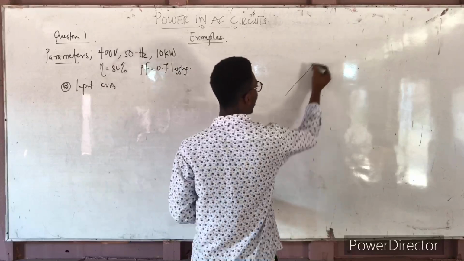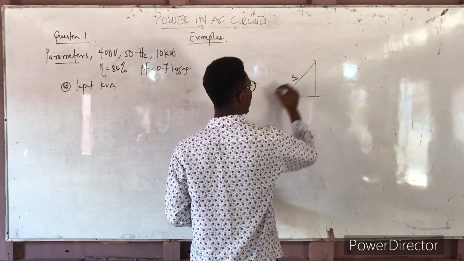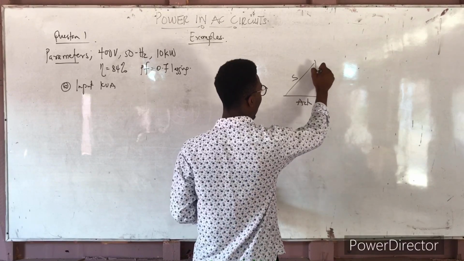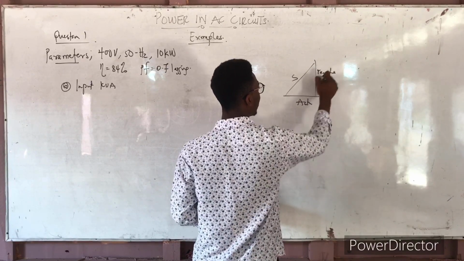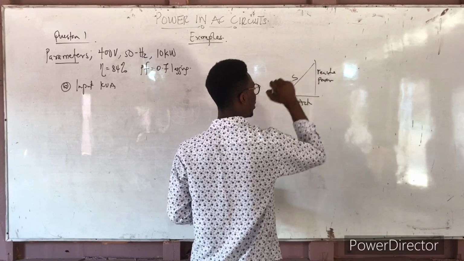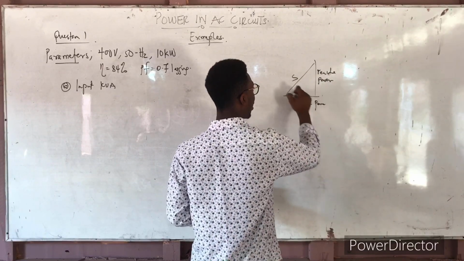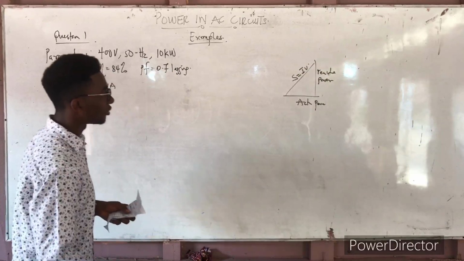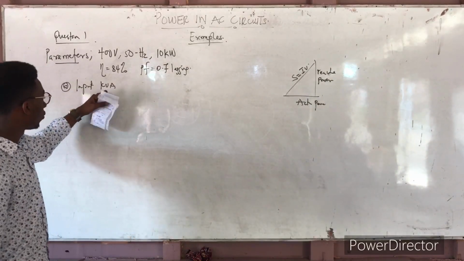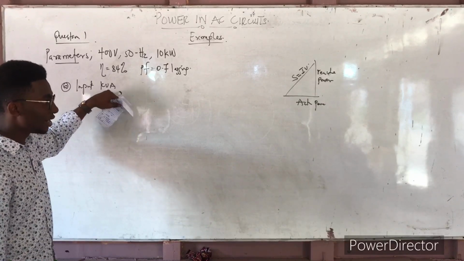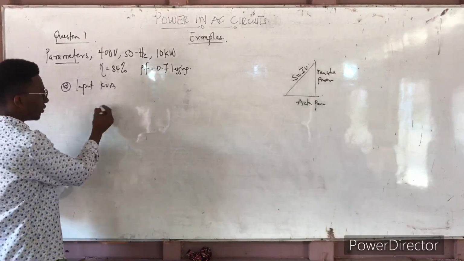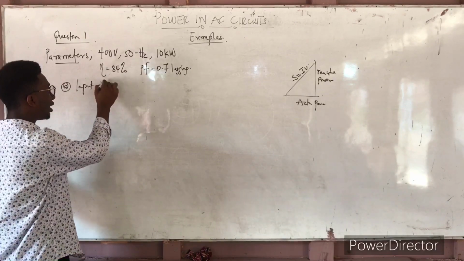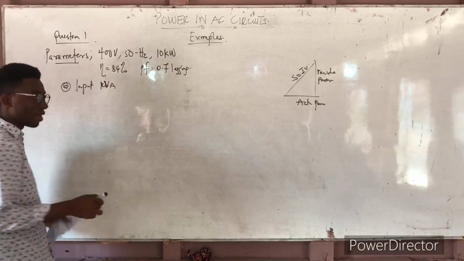From the power triangle, I talked about the active power, which is the real power, the reactive power, and the apparent power, which is the total amount of power running through. Here we calculate the kVA, the kilovolt ampere, which means we want to calculate the input apparent power.